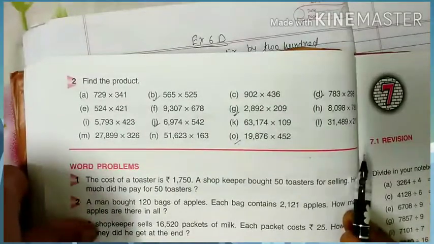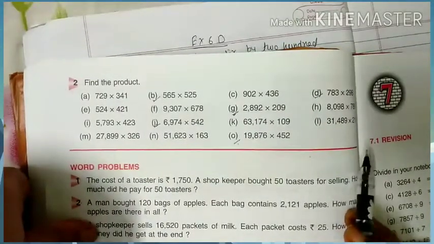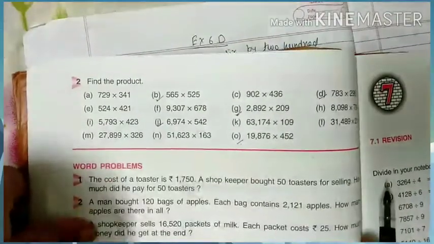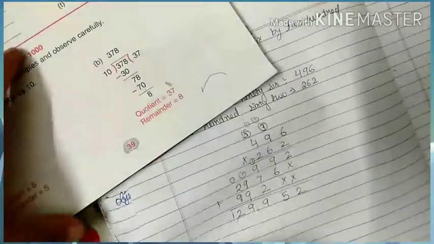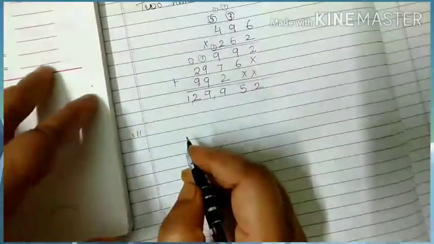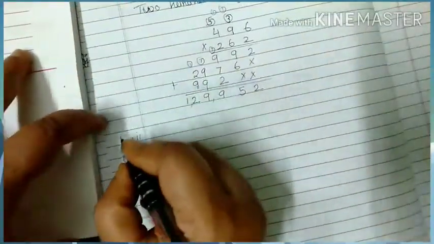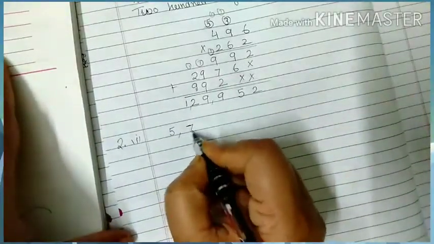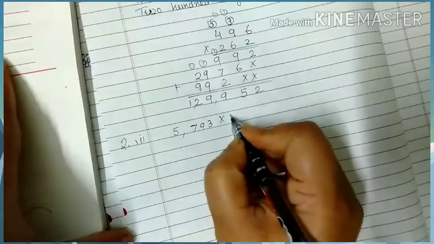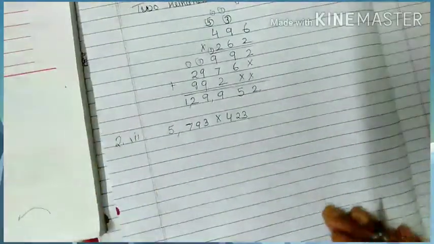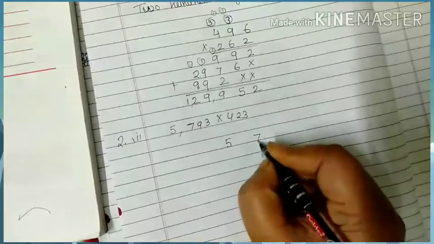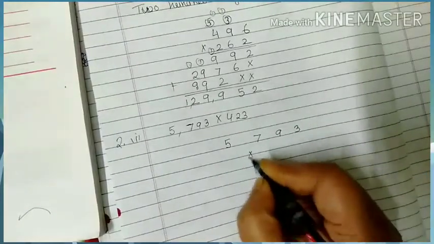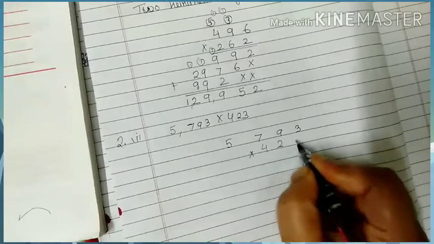Let's do one of the multiplications, that is question number 2 part I. 5793 into 423.